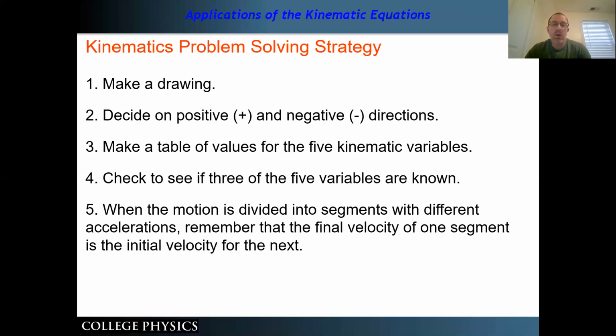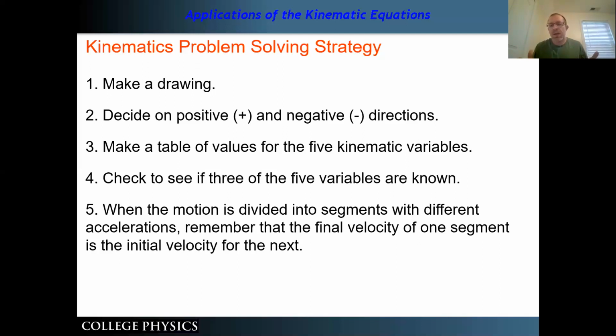At that point, we're going to see if we've got 3 of those 5 variables. If we've got 3 of those 5 variables, then we can use those equations to figure out the other 2 unknowns. And then lastly, if we've got something that, say, maybe has different accelerations for parts of its journey, we've got to divide that journey up into segments so that we consider just one segment at a time when the acceleration is constant.